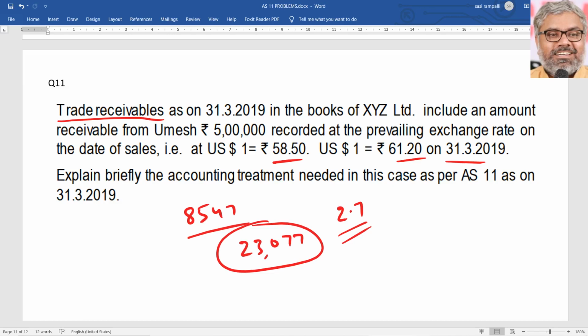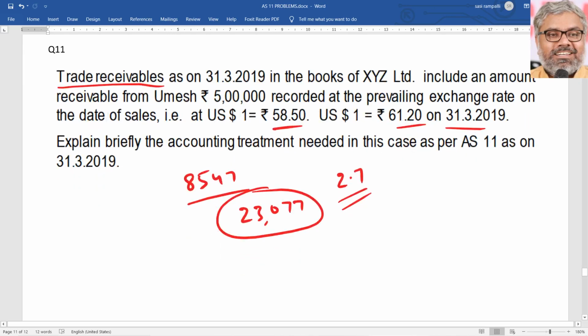So what should be the journal entry if at all you have to pass? Receivables account Dr., or even you can write the name also, Umesh account Dr. 23,077 to exchange rate difference account or exchange gain account 23,077. Then exchange gain account Dr. to P&L account 23,077.